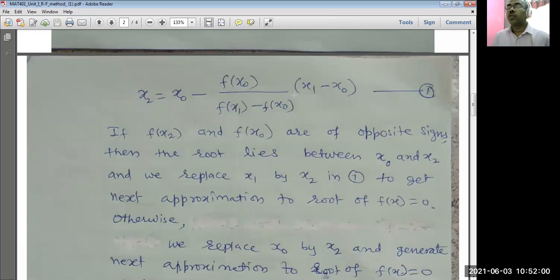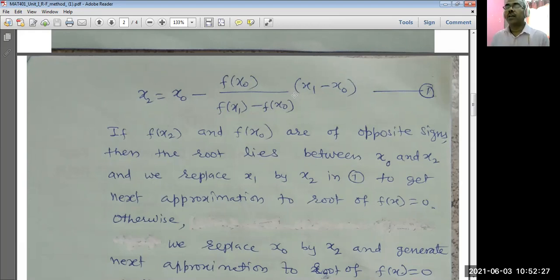Now, this first step of the Regula Falsi method is over. Due to the x2 point, your original interval gets divided into two parts. We have seen it in the figure, right? x2 lies between x0 and x1, right?